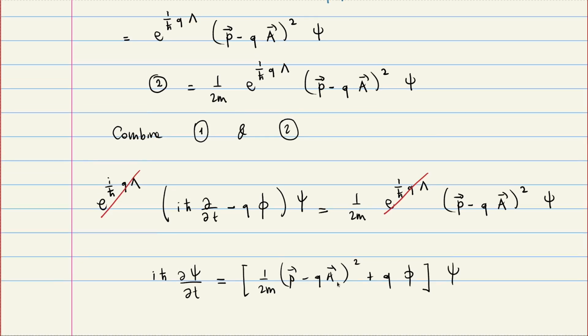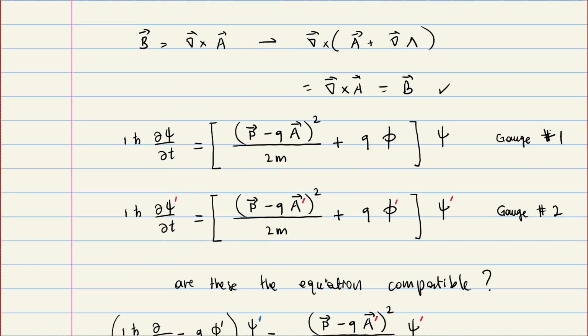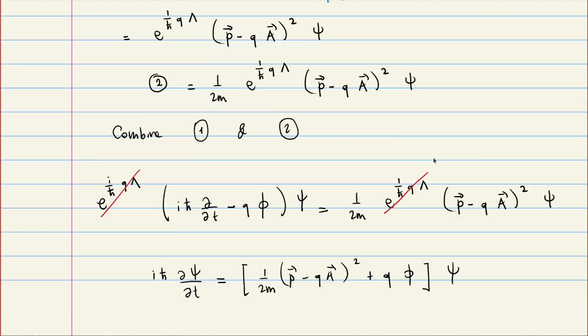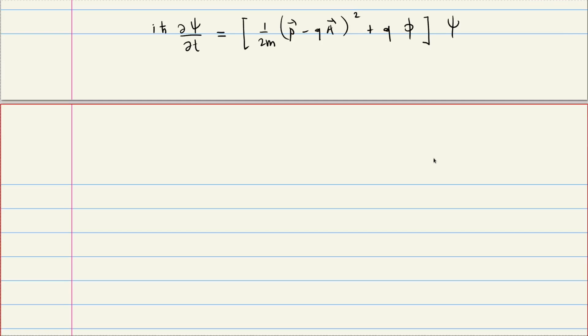And we look at this equation, and you can see this is exactly the Schrödinger equation in the gauge choice number 1. Therefore, what we have shown is these two gauge choices are compatible. Thus, gauge choice number 2 implies gauge choice number 1, right?